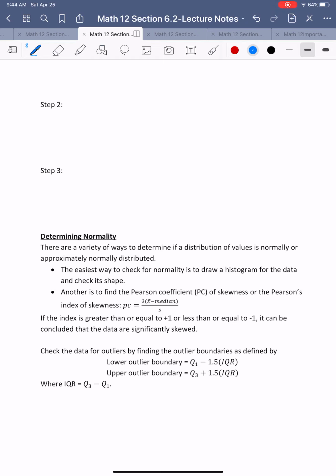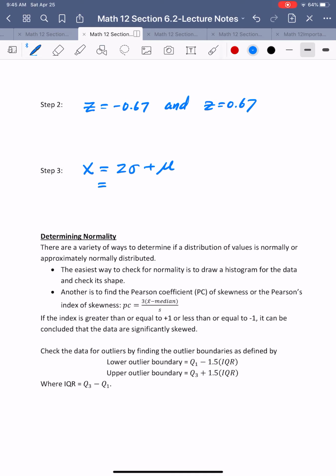All right, in step 2, z is negative 0.67 and z is 0.67. Step 3, we have to use a formula. To find x, the formula was z times sigma plus mu.